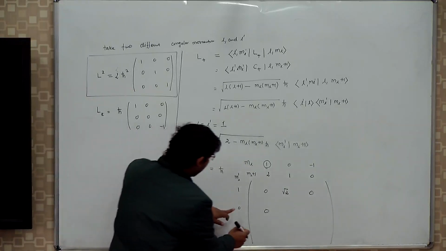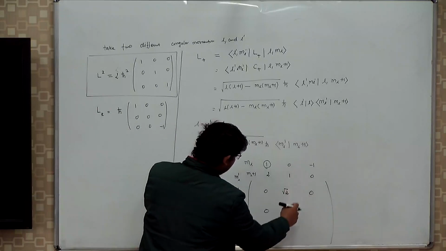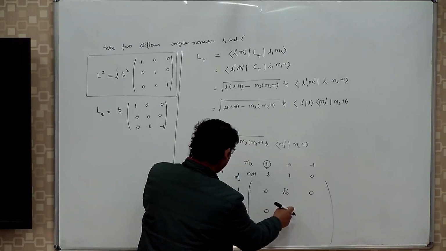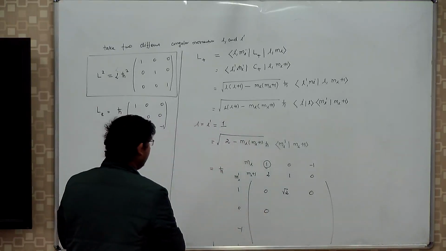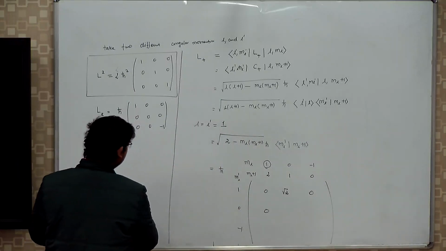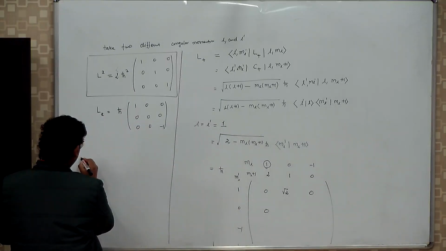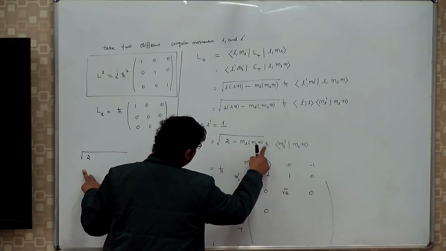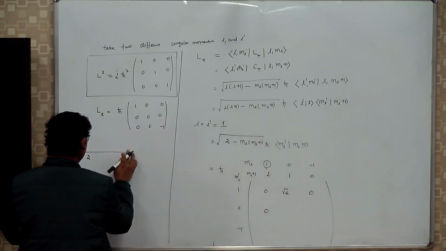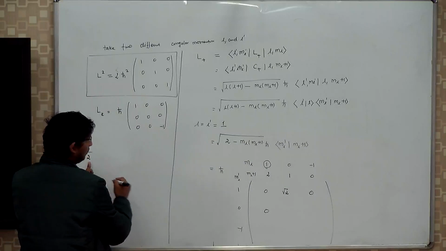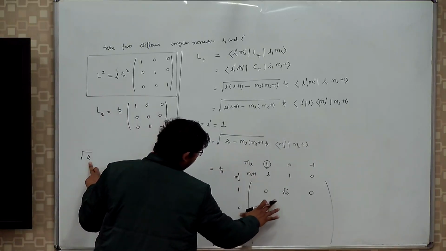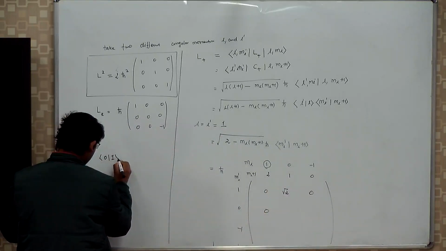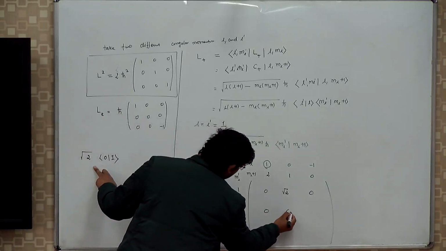When you come to the inner product between 0 and 0, we can expect some valid entry here. However, square root of 2, the value of mL is 0, so this entire term will be 0. Then square root of 2 only will be there. Then inner product between 0 and 1. So this term is again 0.